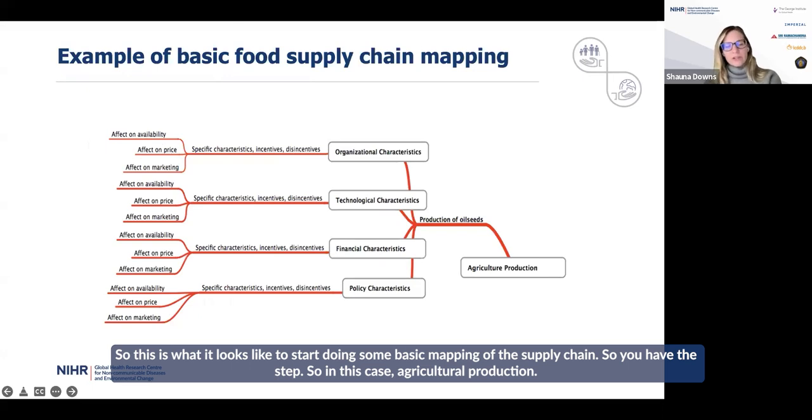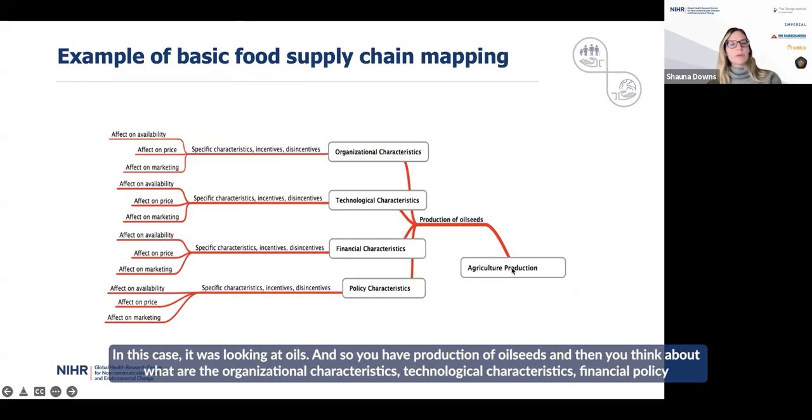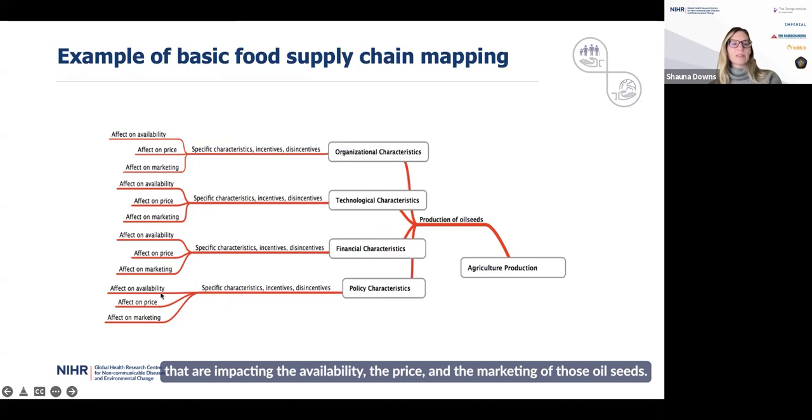So this is what it looks like to start doing some basic mapping of the supply chain. You have the step, in this case agricultural production, and in this case it was looking at oils. So you have production of oil seeds, and then you think about what are the organizational characteristics, technological characteristics, financial policy that are impacting the availability, the price, and the marketing of those oil seeds.